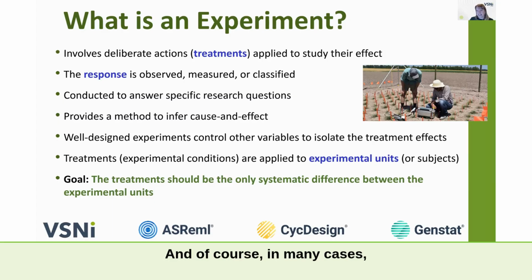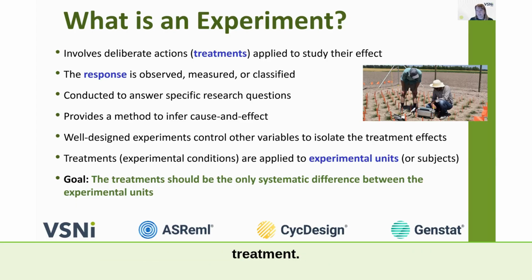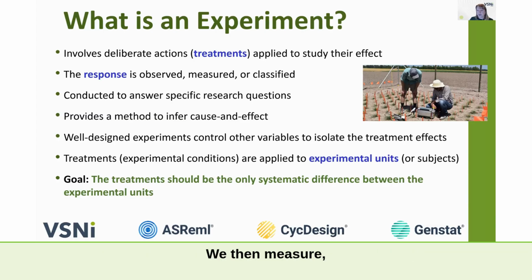And of course, in many cases, our experiment will actually involve more than one treatment. Now, these treatments are applied to experimental units. We then measure, observe, or classify the response of those experimental units to the treatments in some way.